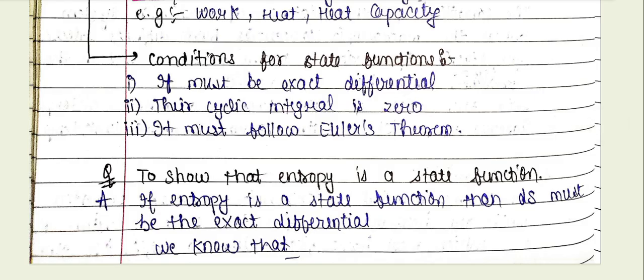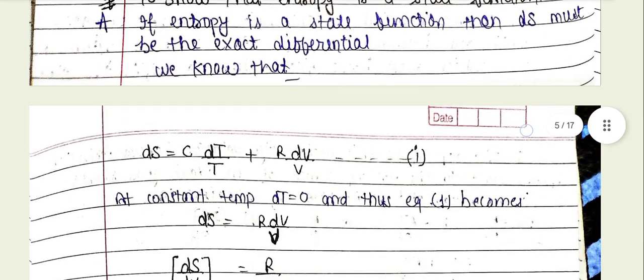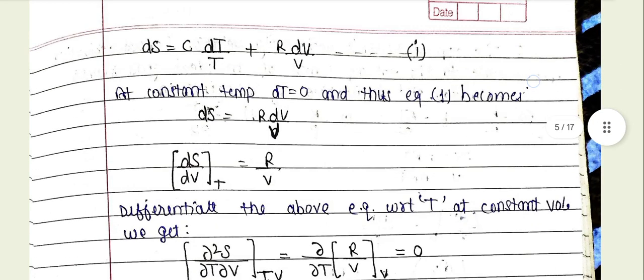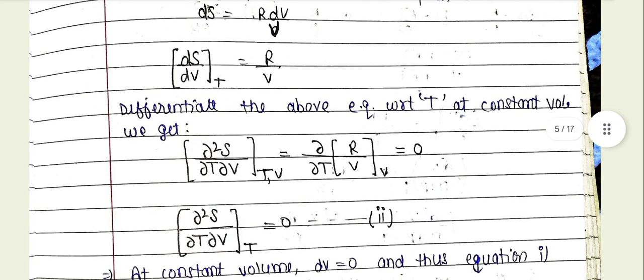To show that the entropy is a state function, if entropy is a state function, then dS must be an exact differential. We know that dS is equal to C dT upon T plus R dV upon V. At constant temperature, dT is equal to 0 and thus equation first becomes dS is equal to R dV upon V. dS upon dV at constant T is equal to R upon V. Differentiate the above equation with respect to temperature at constant volume.